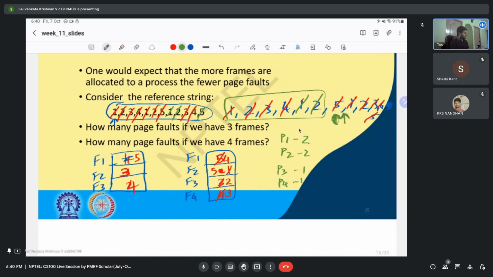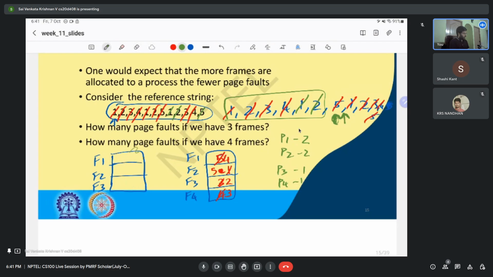After these many references, you pause the reference string and see what your frame contents are, which page each frame is storing. In a FIFO, in the case of 3 frames, it will be 1, 2, 3, 4.